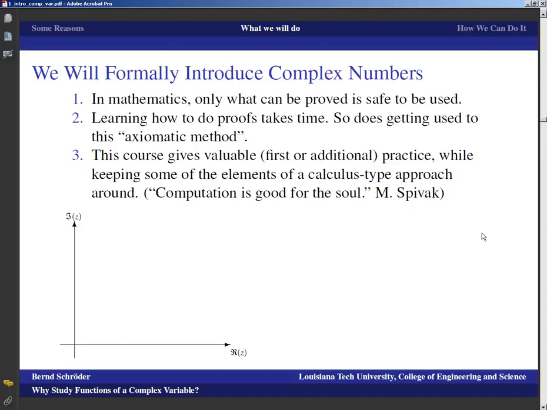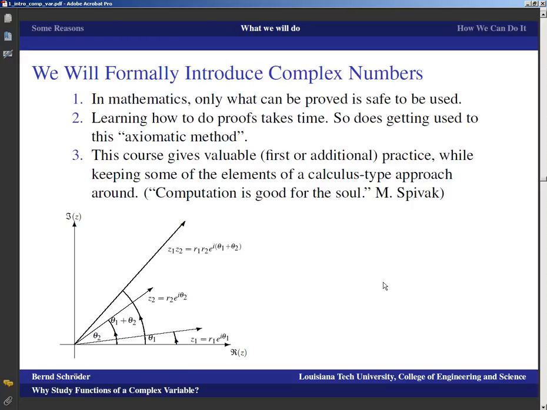Overall, the whole thing then is basically a combination of visual things about complex numbers that you've seen already, like, for example, that complex numbers are re to the i theta, and then if you have two complex numbers like that and you want to multiply them, well, you add the angles and you multiply the magnitudes to get the product of these two numbers.